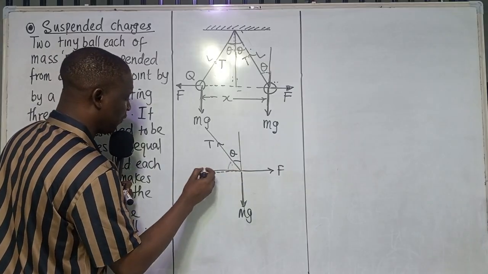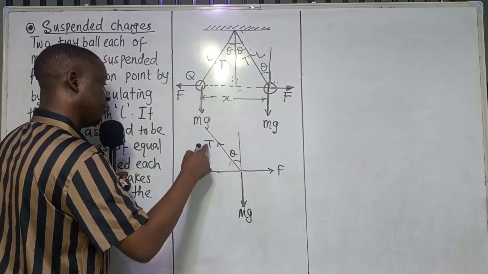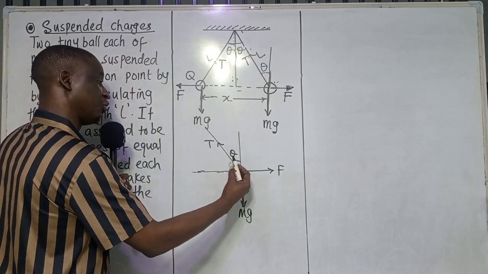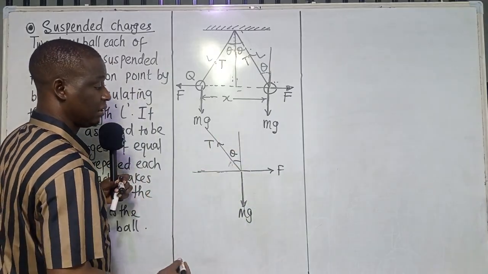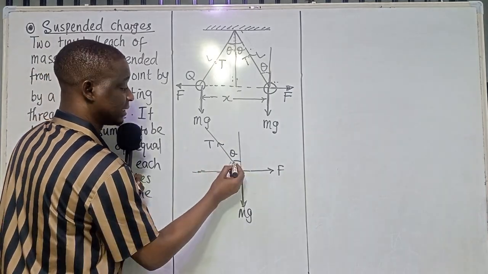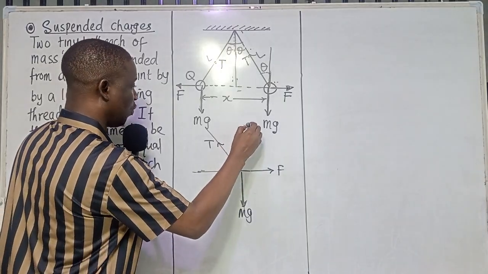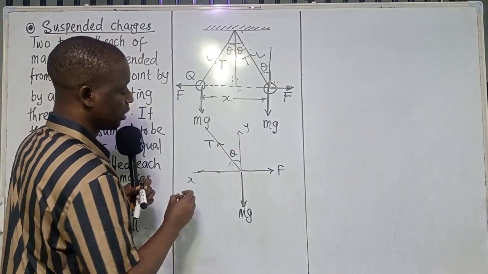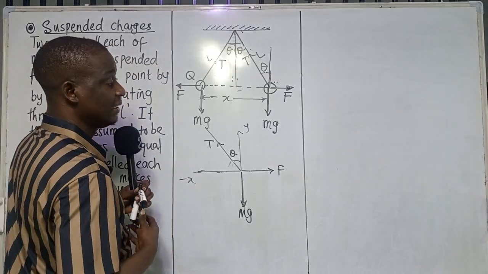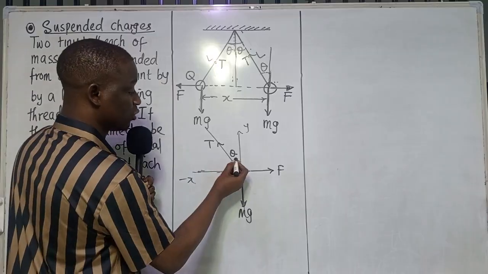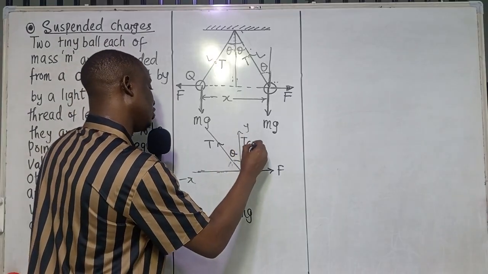Now, resolve this tension to the vertical and to the horizontal. This is Y and this is X. Because the angle is resting on the vertical, it will become cos, so the vertical component is T cos theta.